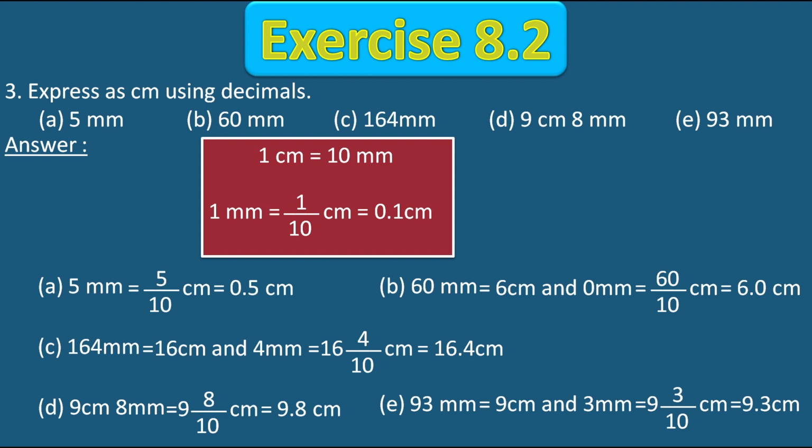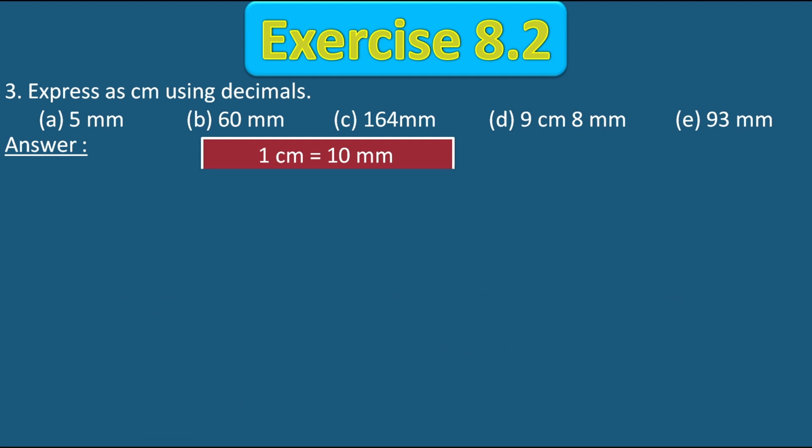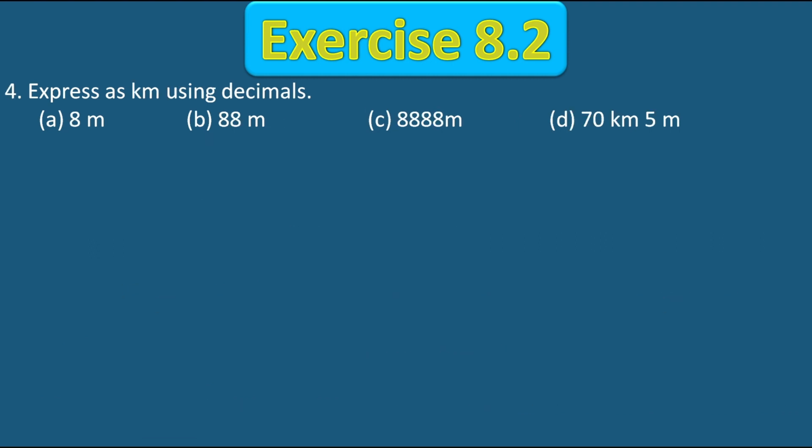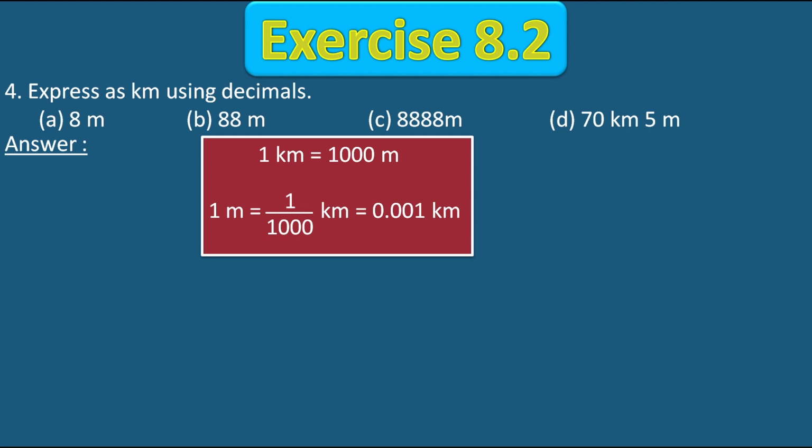Now let's move to the next question, that is the fourth one. Express as kilometer using decimals. They have given us the things in meter. We have to convert them into kilometer. For that you should know 1 kilometer is equal to 1000 meter.